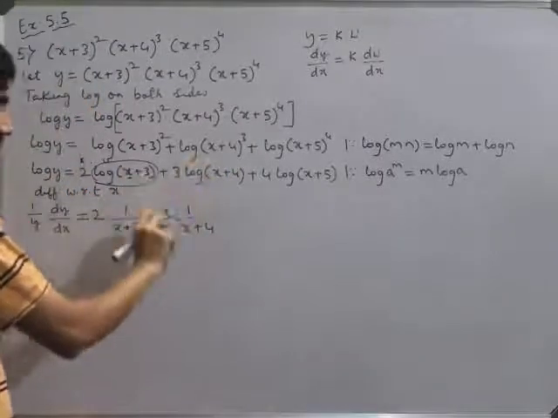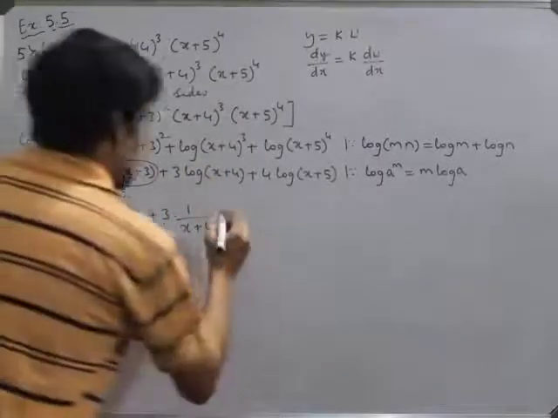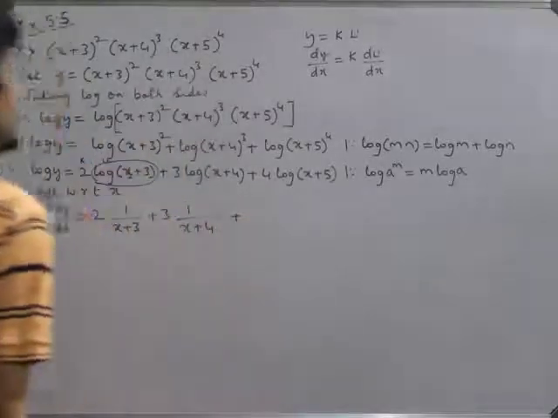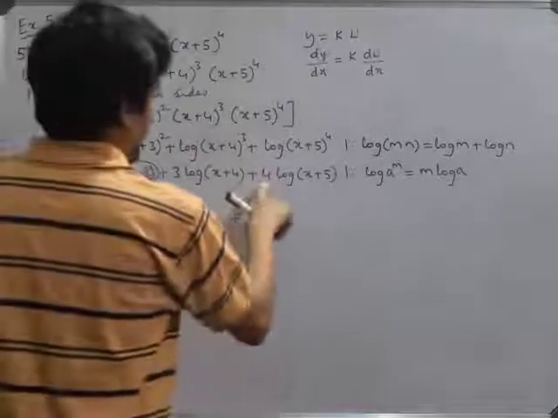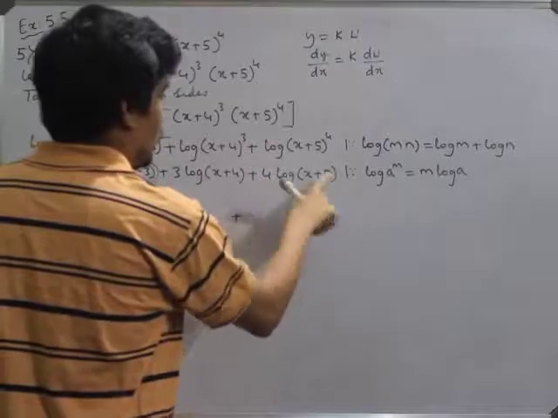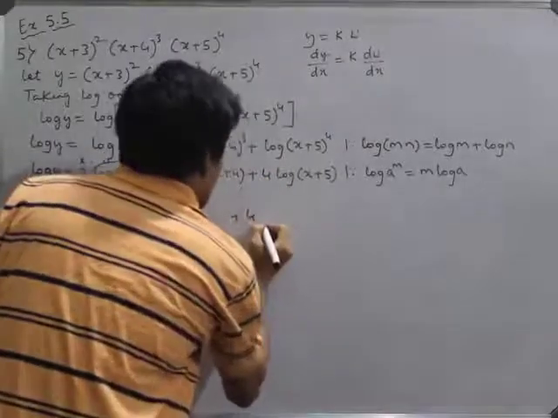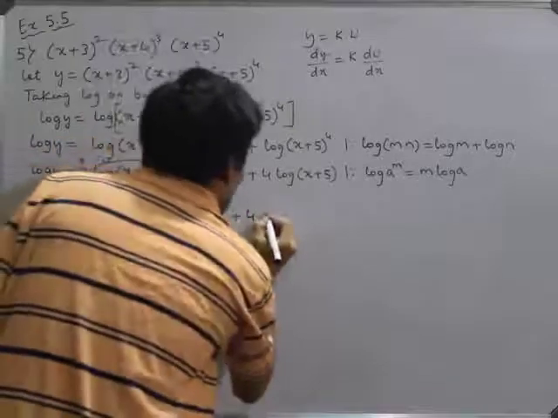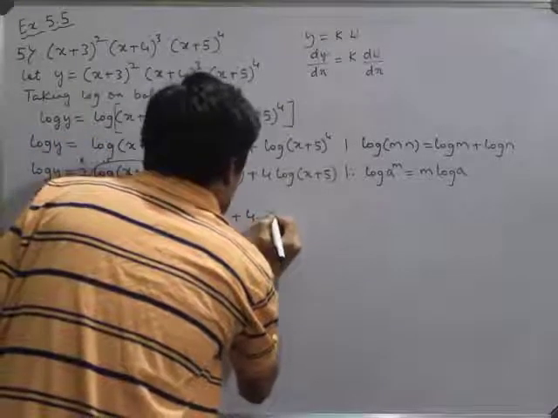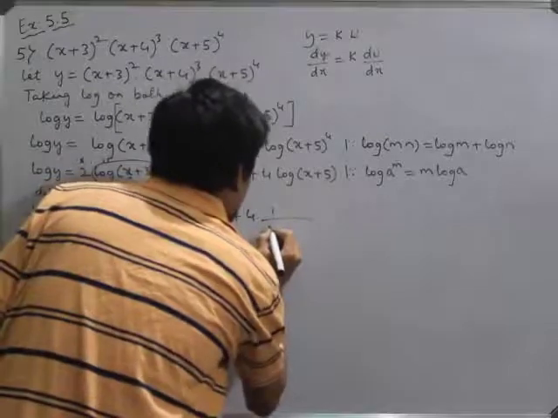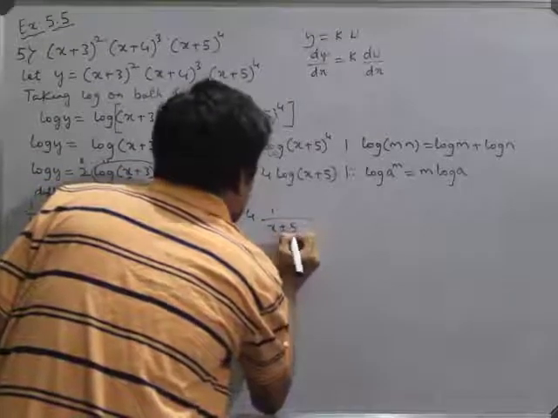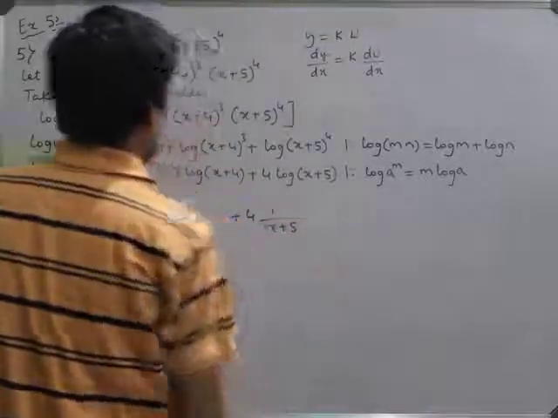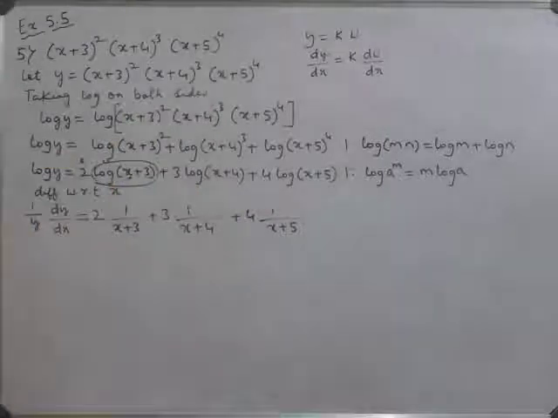So 1 into this term, it will remain as it is. Plus, what is left out? 4 log of x plus 5. So it will be 4 into 1 by x plus 5. Okay? 4 into 1 by x plus 5.